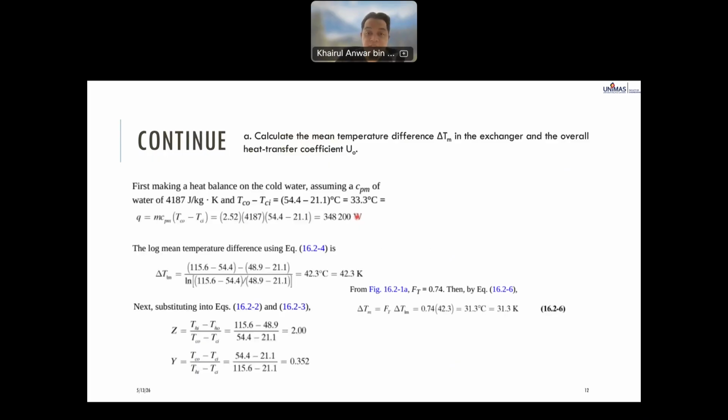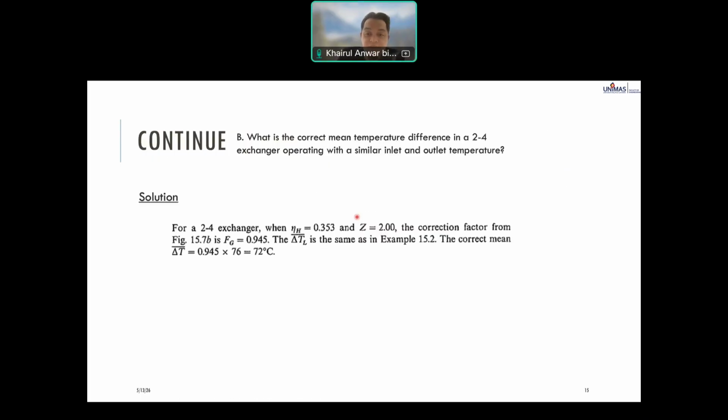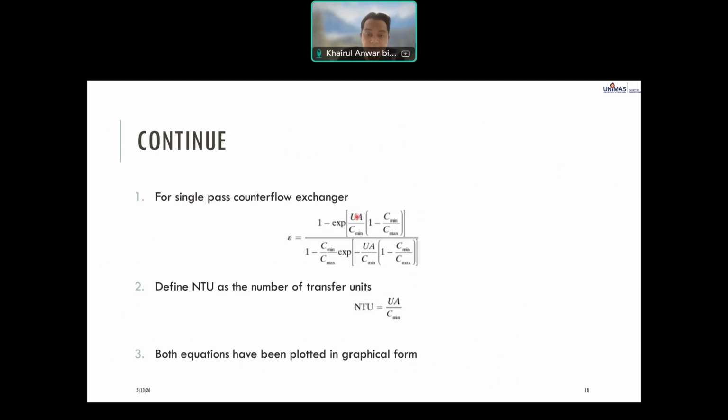Heat transfer coefficient, UO. Then we have Cmin or Cmax. Next is to define NTU as the number of transfer units. So in this case, NTU equals UA over Cmin.